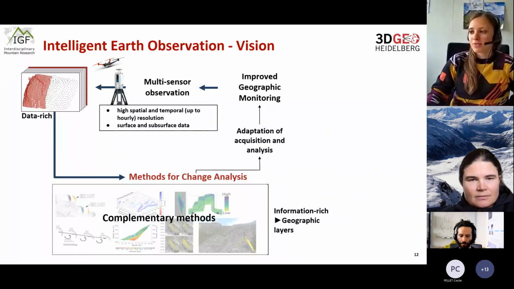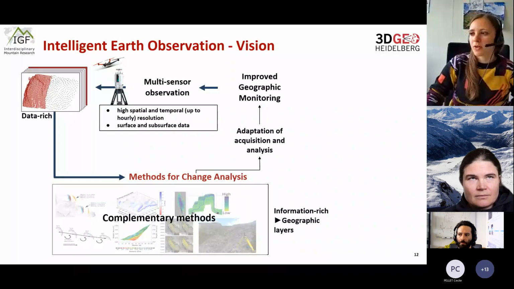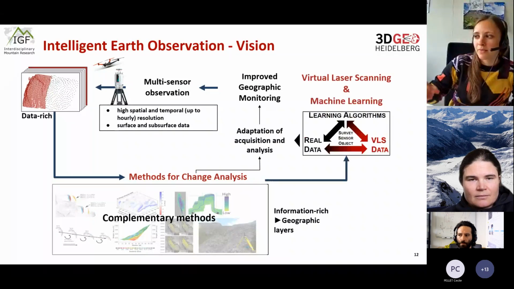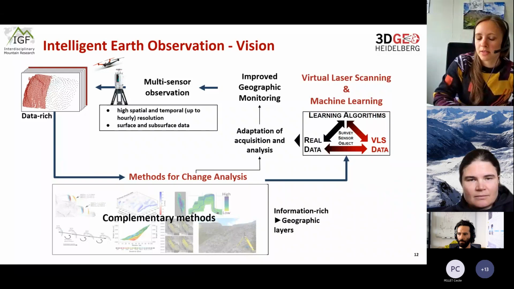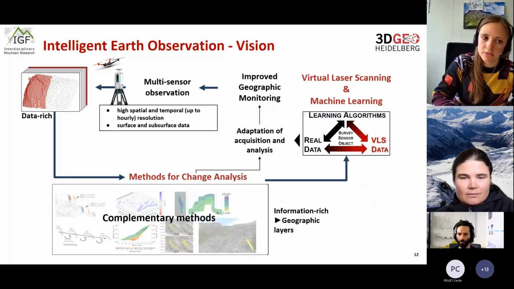And this can, of course, also be complemented by the combination of using the simulated environment and also machine learning. This is where we currently dive in a bit more in our group.